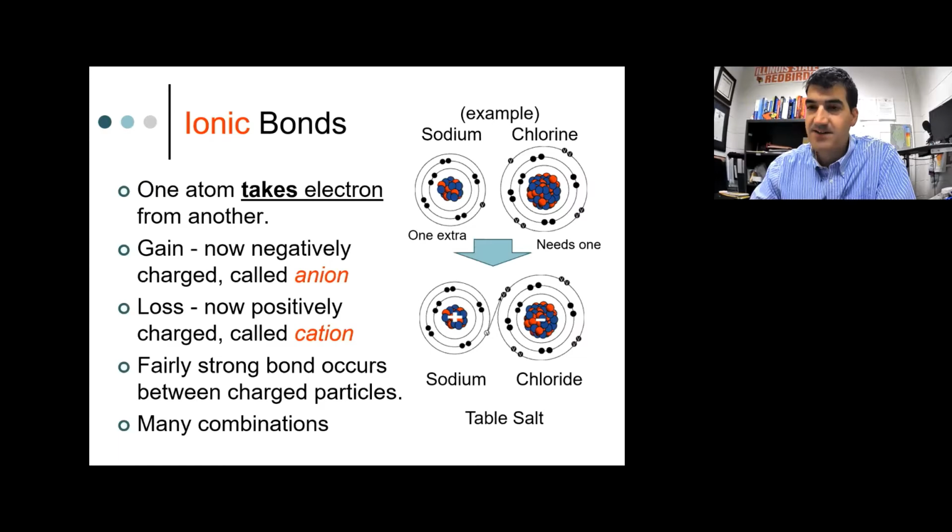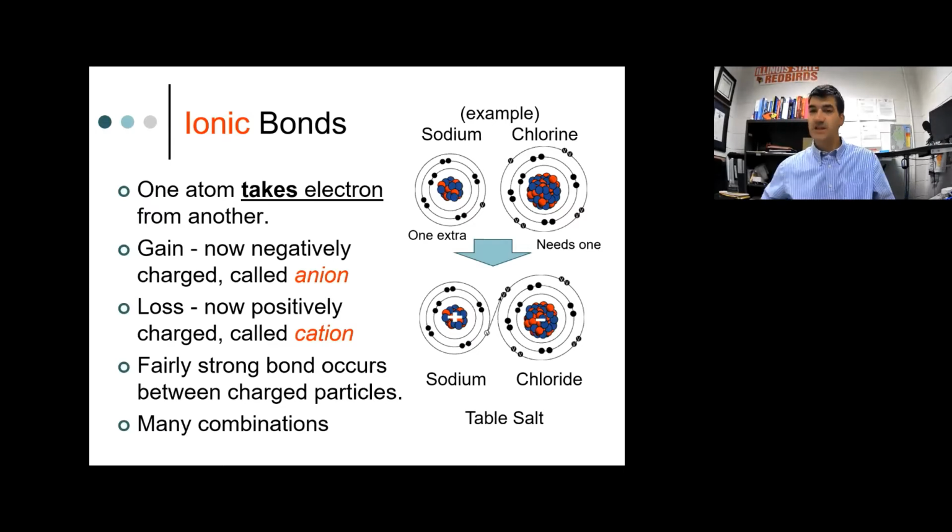An ionic bond is fairly strong. It's not as strong as some of the other bonds that we'll talk about, covalent bonds, but it's relatively strong. And there are lots of different combinations in terms of elements.